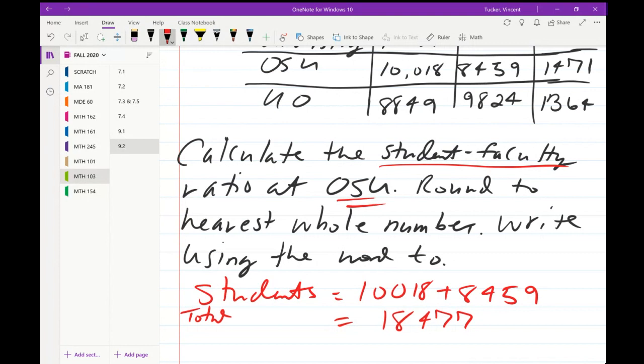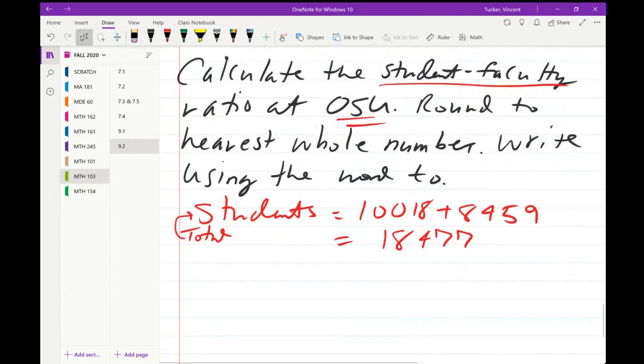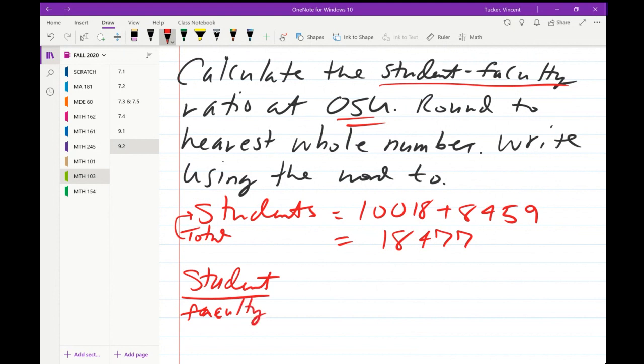Let's see, it's our total. And then, as noted, it has student first, then faculty. So if we were to set up a fraction, student goes first, or on top, faculty on bottom.